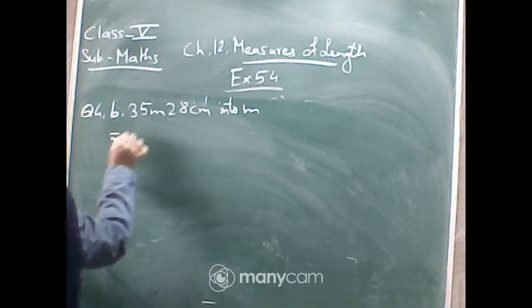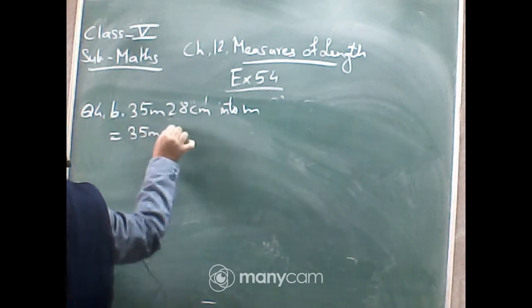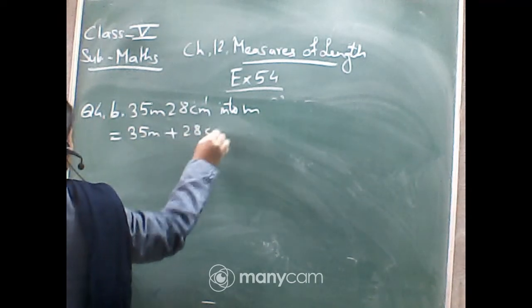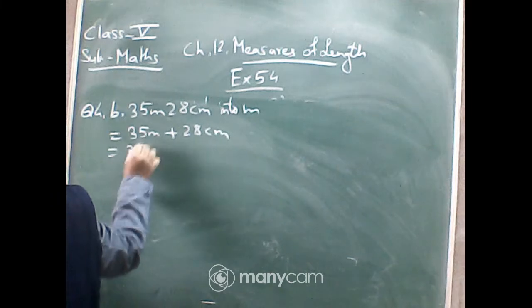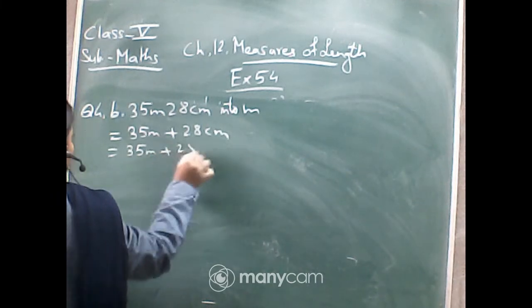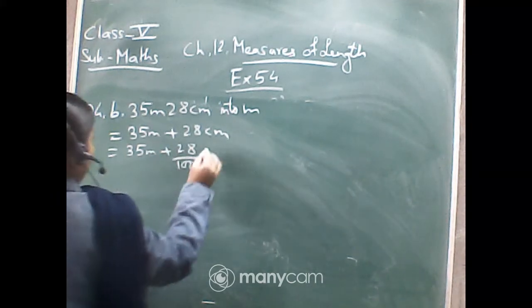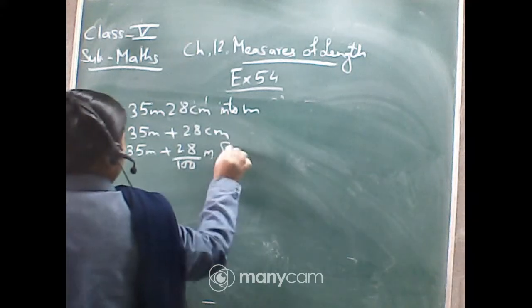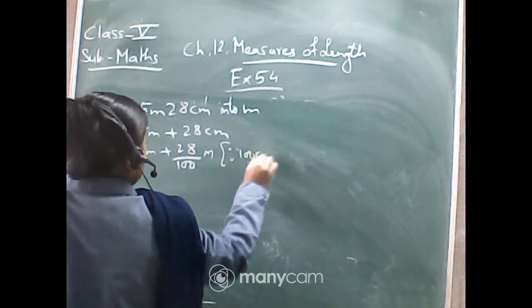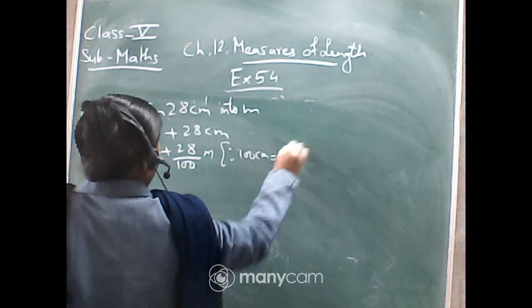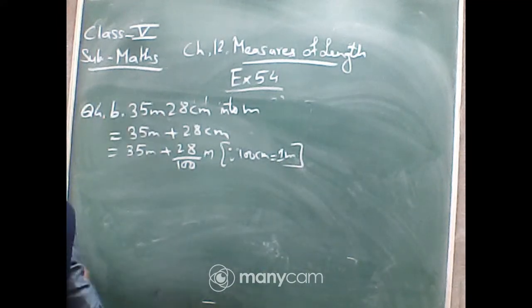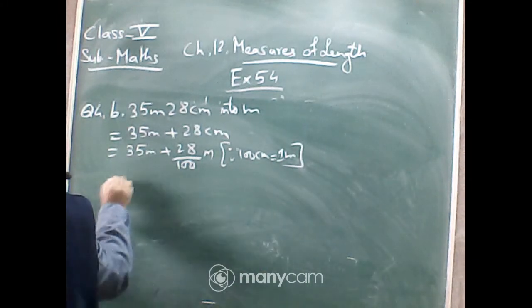So break it. It will be 35 meter plus 28 centimeter, and it will be 35 meter plus 28 divided by 100 meter. And what we will write? Since 100 centimeter is equal to 1 meter, therefore 28 centimeter is equal to 28 by 100.